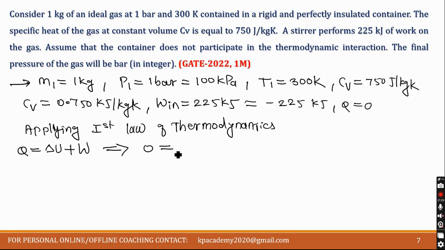अभी delta U क्या हो जाएगा? m Cv delta T, right?